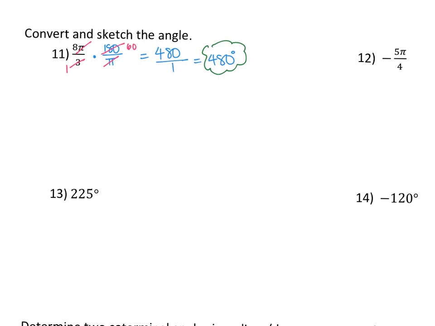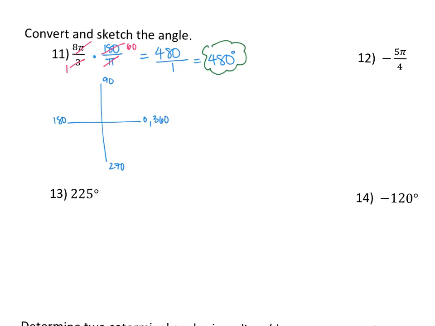And I need to draw that angle. It says sketch the angle. So if I draw a coordinate system, let's see where this would land. We'd have 0, pi over 2. Oh, let's not go by pi over 2. This is in degrees. So this would be 90, 180, 270. I'm going by 90s. 360. But 360 is not enough. 480, let's see where that would be.